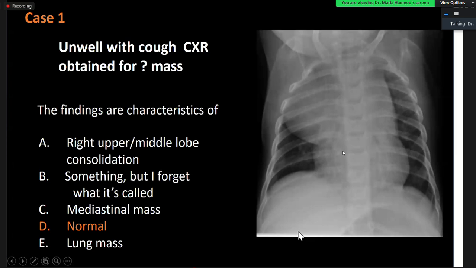So this is a normal thymus, as expected in this age group. Beware of this entity. This is a normal variant, and you always find it in a normal child. Don't confuse it with pathology.